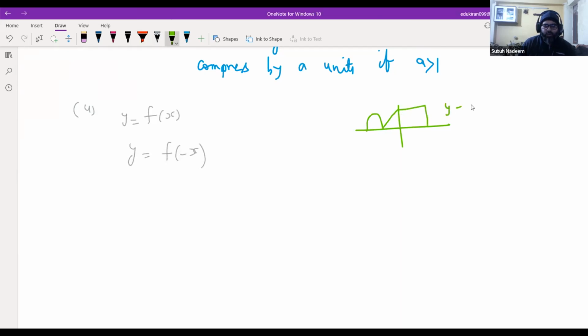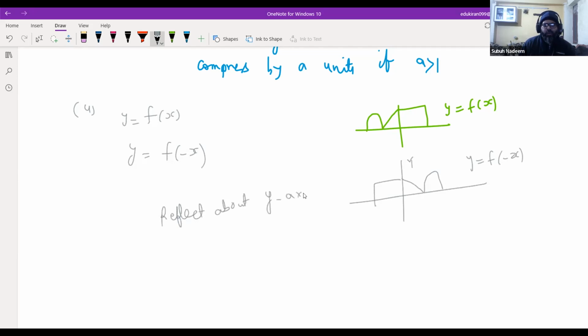This is the graph y is equal to f of x, and you want to draw the graph for y is equal to f of minus x. So you will take the reflection about the y-axis. That means this is y is equal to f of minus x. So reflect about the y-axis. Do you want to know the reason behind all of this? Should I tell you? Is it complicated? No, not complicated. Okay, then you can tell me.